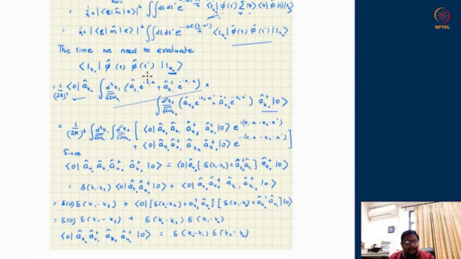Recall, when I am writing the two fields as integrals, I am going to keep the labels of the integrals different so that I can differentiate between the field at location t, x and the field at location t prime, x prime. So the first field, phi, I am calling its Fourier decomposition d3k1, and for the second field, phi at t prime, its Fourier decomposition is being called d3k2, and the labels of the exponentials are accordingly adjusted.